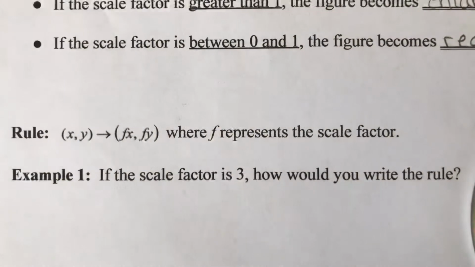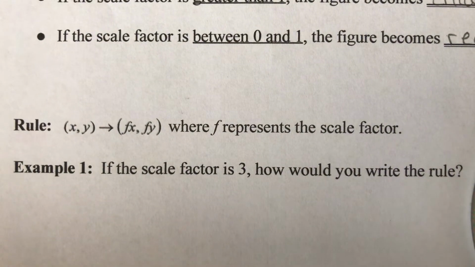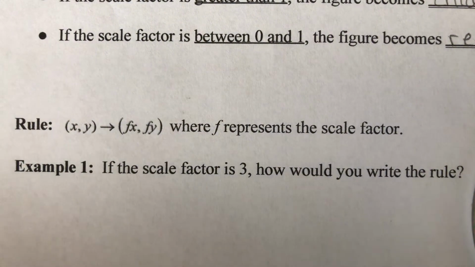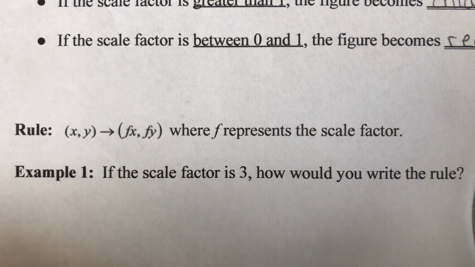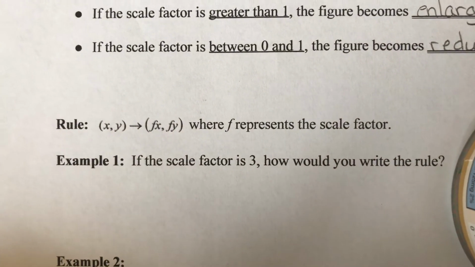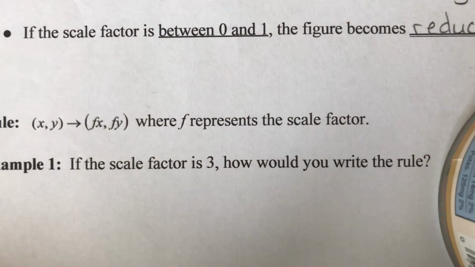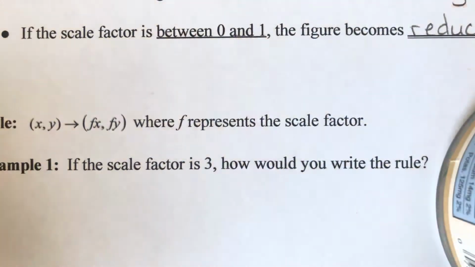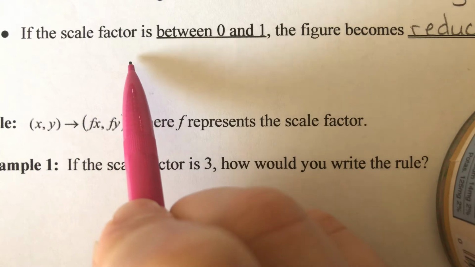All right, so our rule is just simply multiplication here. We have our original coordinate at x, y. After we take that scale factor and multiply it by the x and y coordinates, we get our image, our new figure. So, for example, if the scale factor is 3, our rule would look like this.